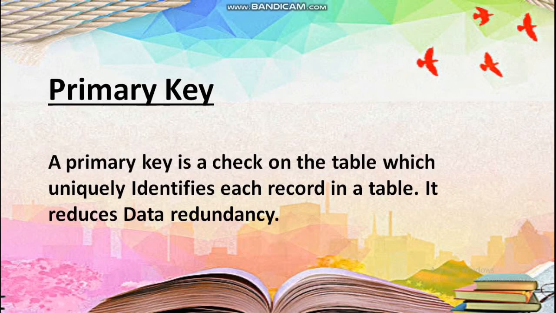You can say the admission number. Every student has their own specific admission number, and with the help of that number they are uniquely identified in the school's computer. So primary key is that field in the database which uniquely identifies a record.